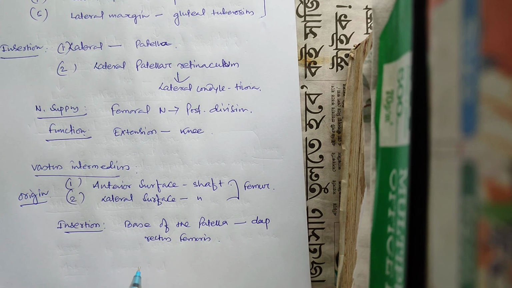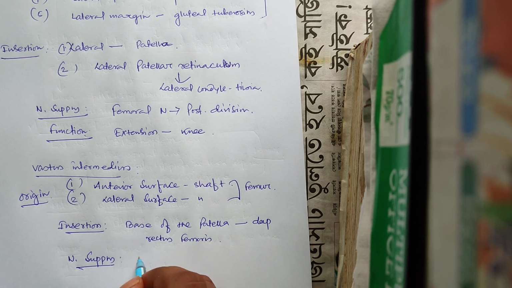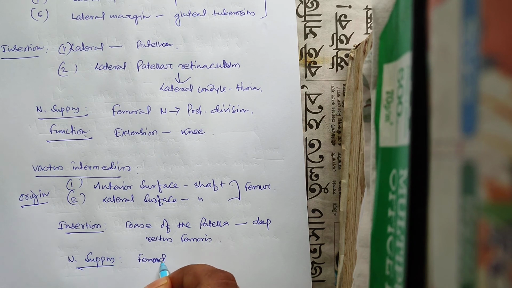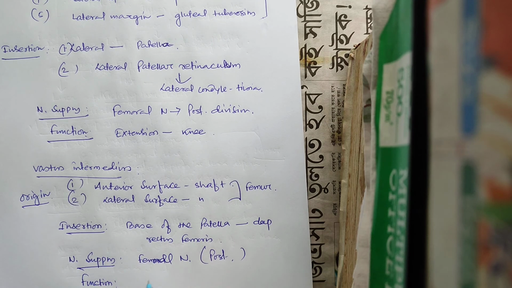Now nerve supply: the posterior division of the femoral nerve. And function: extension of the knee joint.